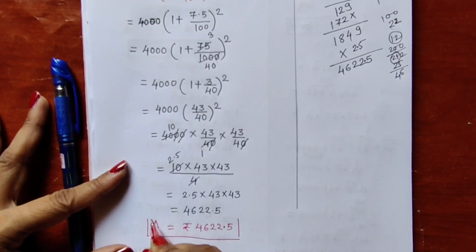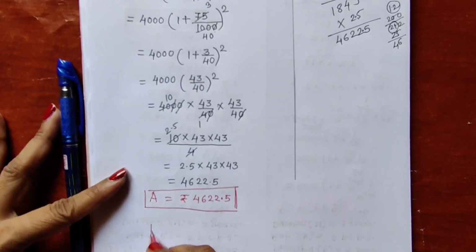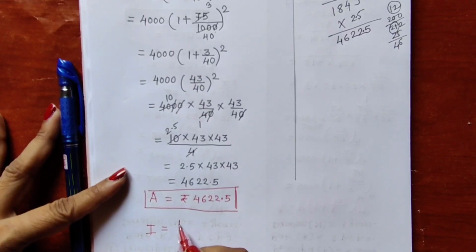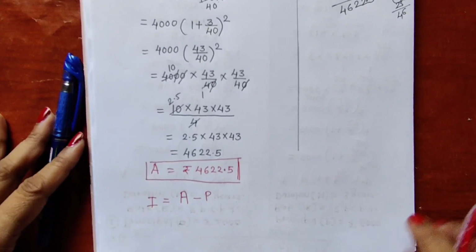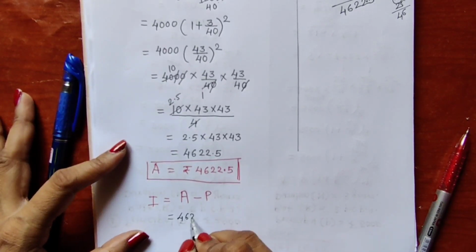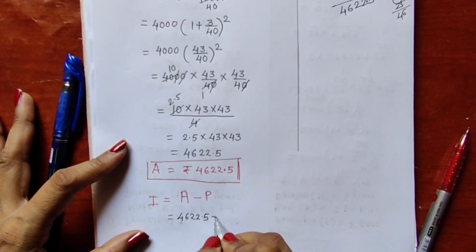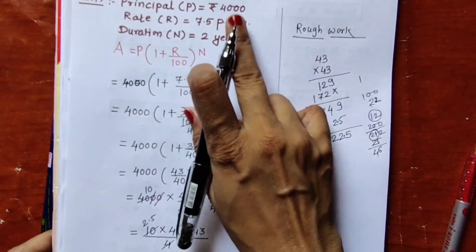Now as we have got the amount, we should find out interest. For finding out interest, we will apply the formula I is equal to amount minus principal. So amount value just now we have got, it is 4622.5 minus principal is 4000. Okay, this principal is written here in the beginning only.